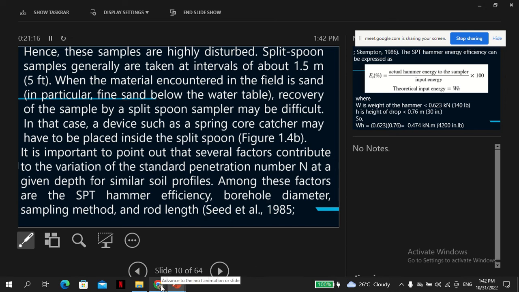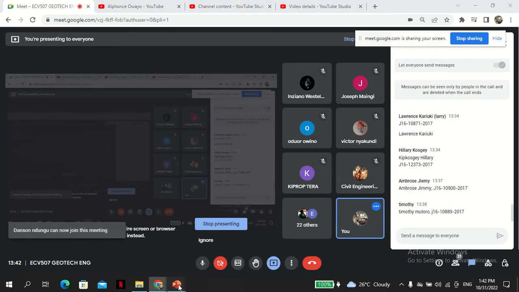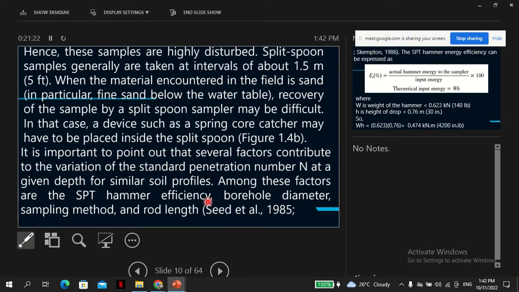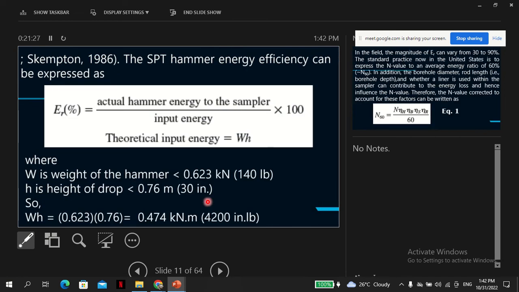These are from the work of Seed, in 1985. So just to tell you, we said you measure the seating drive of 150, then you count the number of blows that cause a further 300 millimeter penetration. But that value depends on these factors.